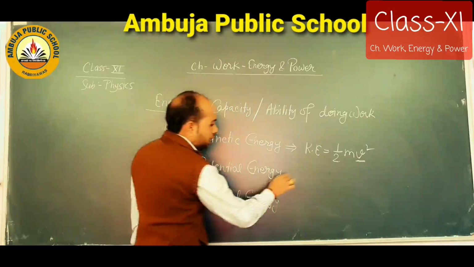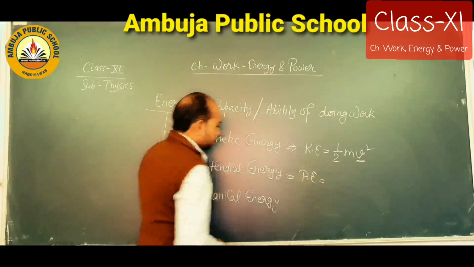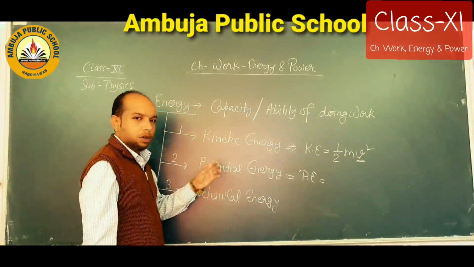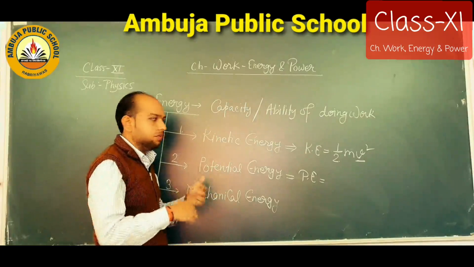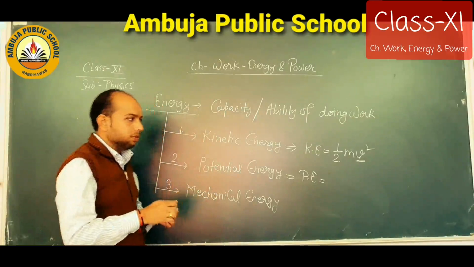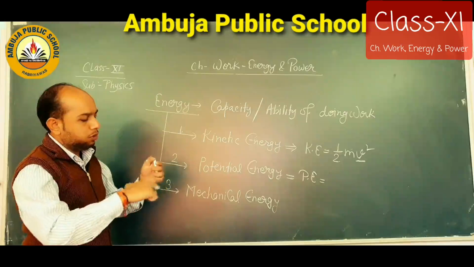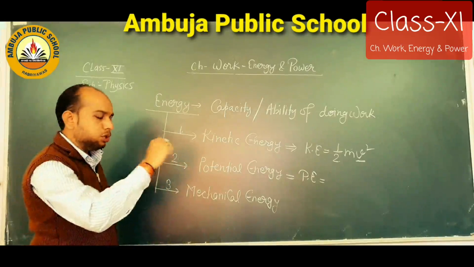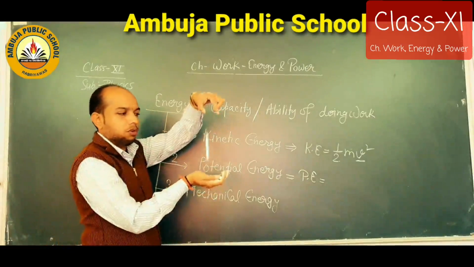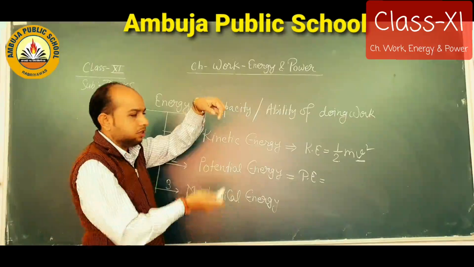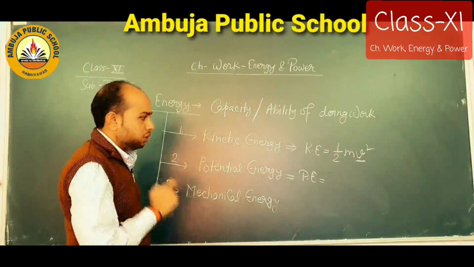Next one is potential energy. This is defined by the PE symbol, and this is the energy due to change of position, or we can say change in configuration. For example, the second hand in a clock. When the second hand rotates, its position or configuration continuously changes. Similarly, if we drop a chalk from one place to another place, again we see there is a change in its position.